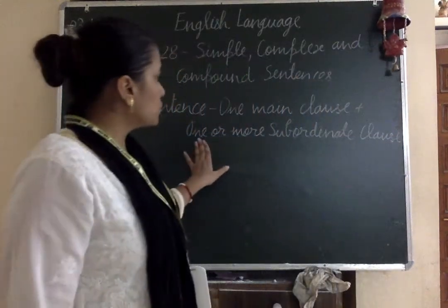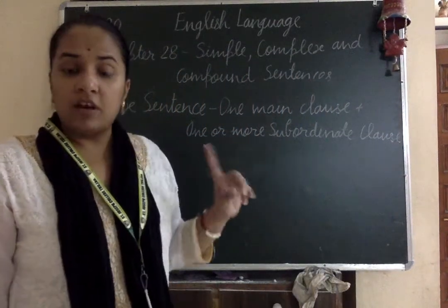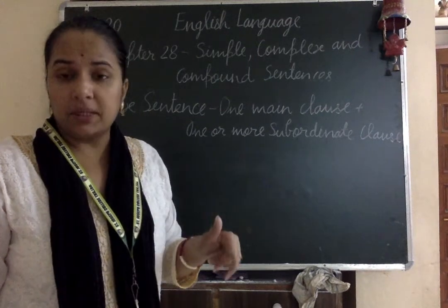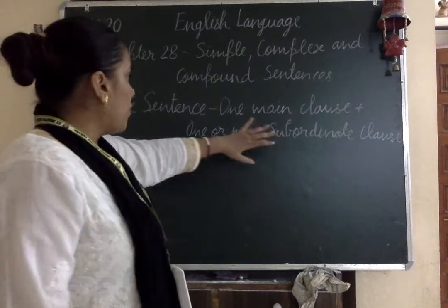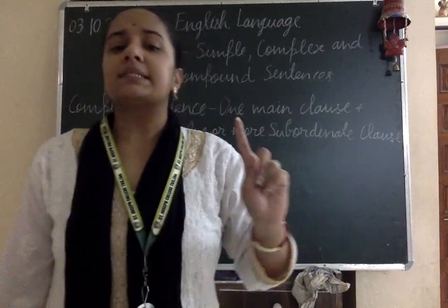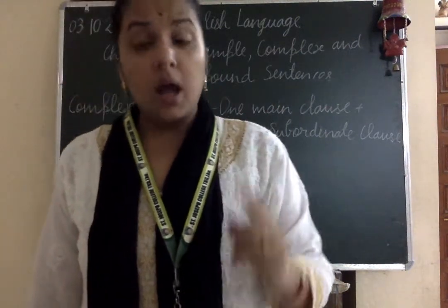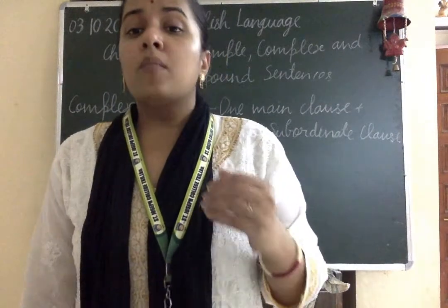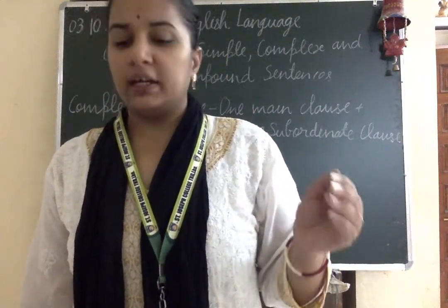If there is only a main clause, then it will not be a complex sentence. That will be a simple sentence. For the complex sentence, at least one main clause and one subordinate clause has to be there, but there can be more than one subordinate clause.